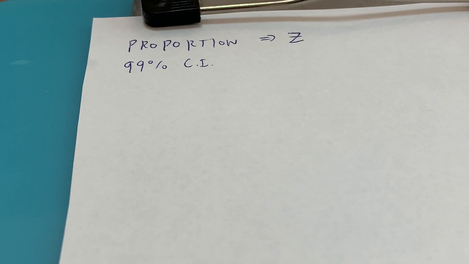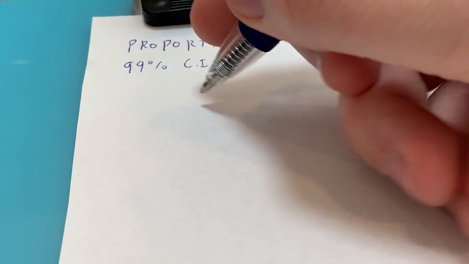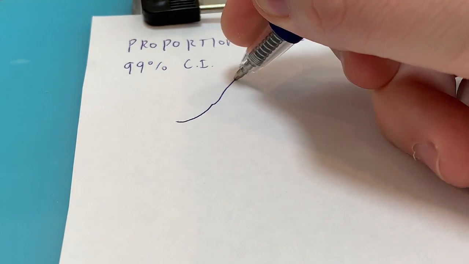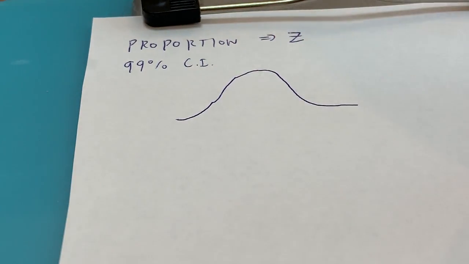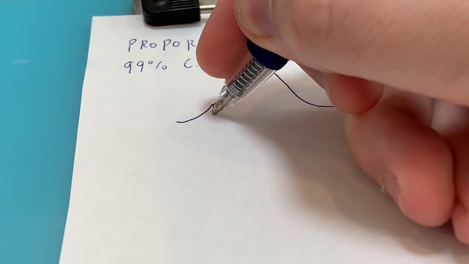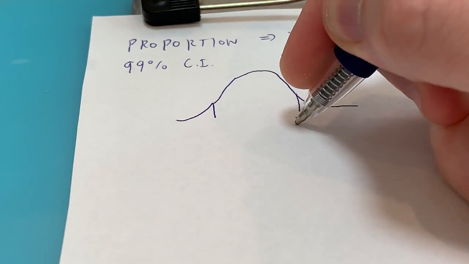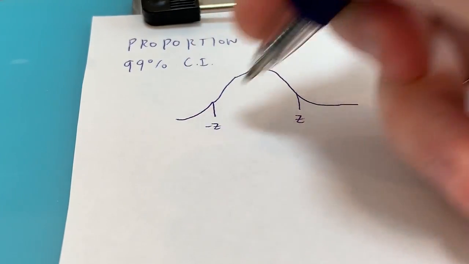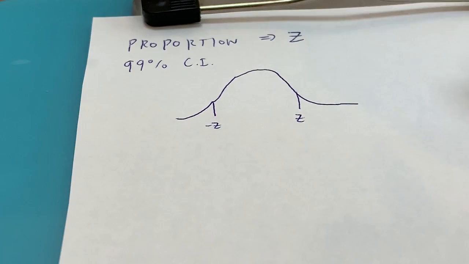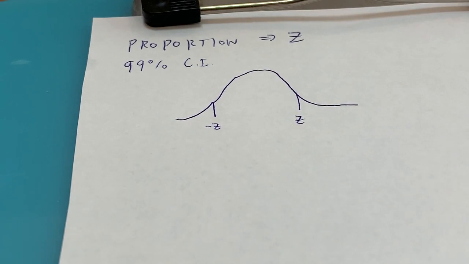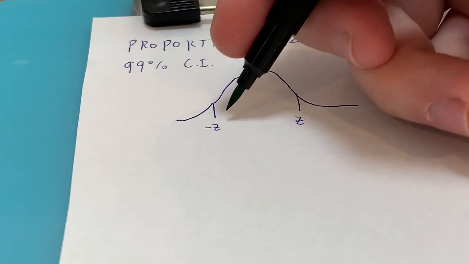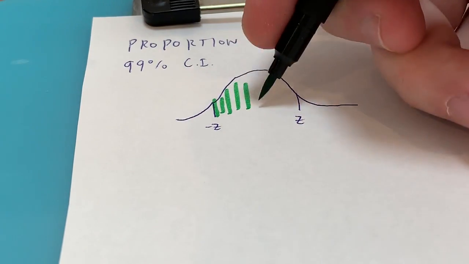Let's talk about an example of finding the z-score for a 99% confidence interval, if it's a proportion problem. Here's what that means. You would first of all draw your normal bell curve, and when we say 99% confidence, that means that between positive z and negative z, the same number but positive and negative, we're going to have 99% of the curve.